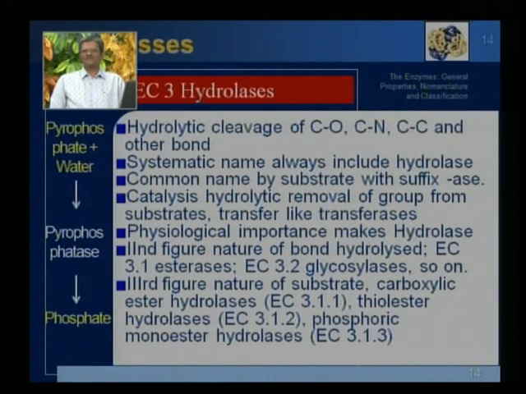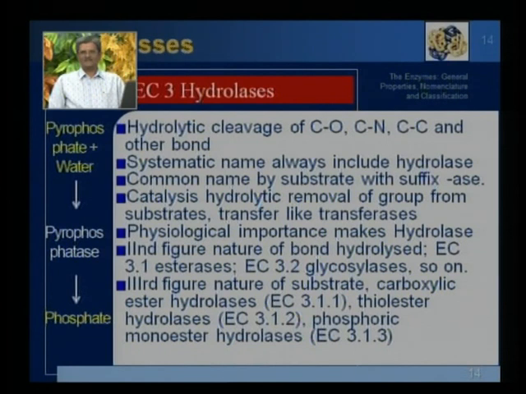Now the second figure with the hydrolase type of enzyme denotes whether it is a glycosylase or esterase and so on, depending upon which the second number is given, whereas the third digit of hydrolases is derived out of the nature of the substrate.